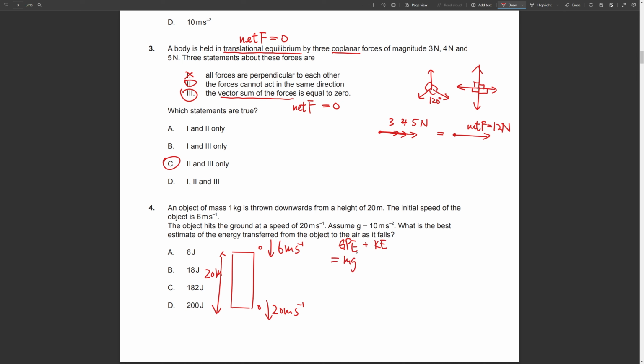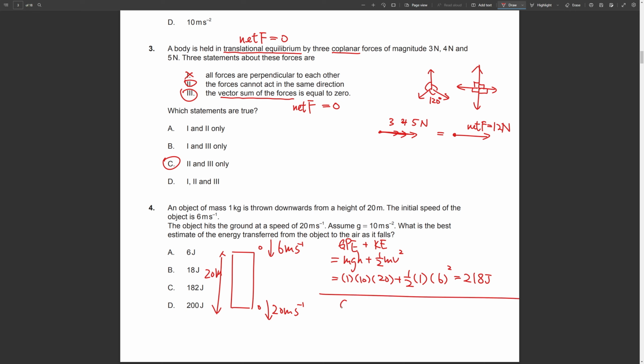GPE is mgh, KE is half mv squared. Mass is 1 kilogram, g is 10, h is 20. And then mass is 1 kilogram again, and the speed is 6 m/s. So the energy at the top is 218 joules.